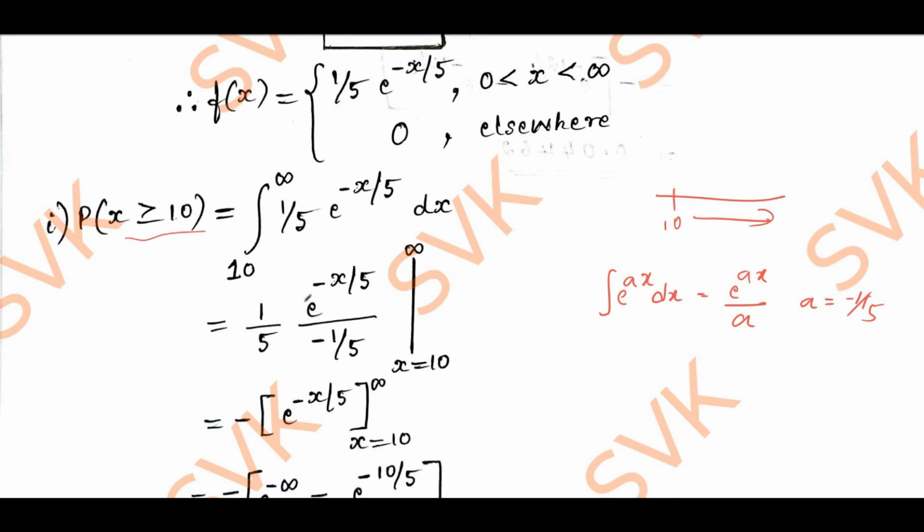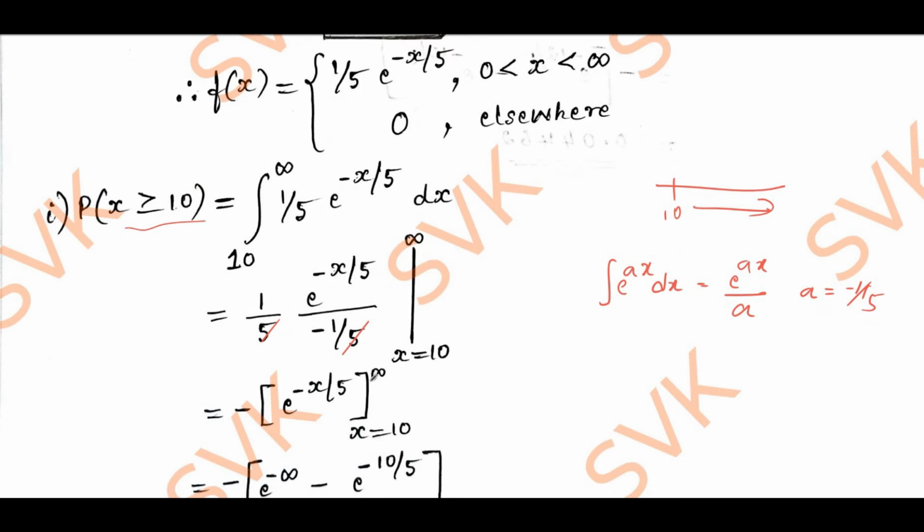So we get 1 by 5 times e power minus x by 5 divided by minus 1 by 5. Here the 5 gets cancelled, and you will be left with minus e power minus x by 5, with limits x from 10 to infinity.